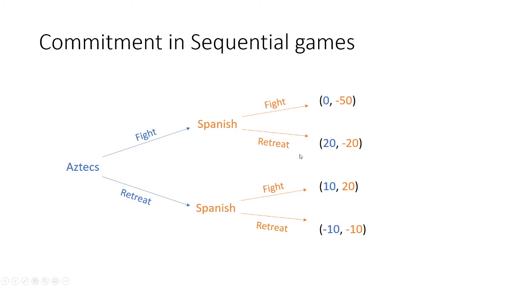Whereas down here, if they retreat, then they lose 20 for humiliation, but they don't lose 50 because they would lose in the fight. Okay. So here we have underlined the solutions for each one. So the Aztecs would choose to fight, and the Spanish would choose to retreat, and this would be the outcome that we would get if the Aztecs had first mover advantage.